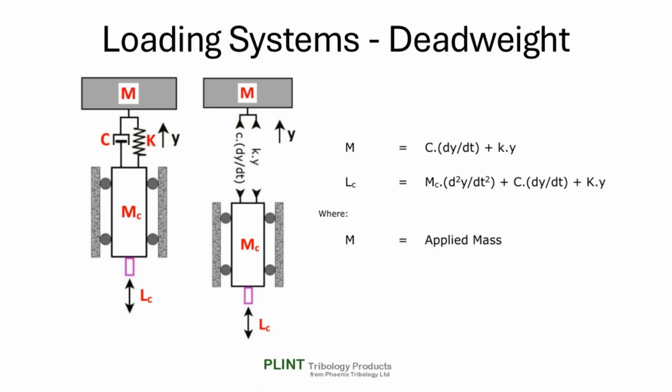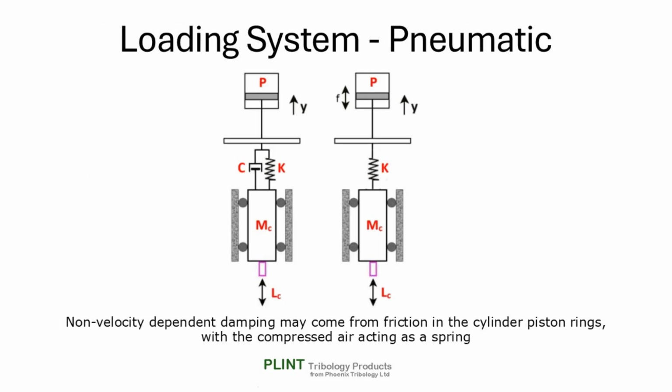Let's start with loading systems. This is a potential model for a deadweight loading system with vertical excitation generated by the contact. The associated free body diagram is given on the right, from which we can derive the equations as shown.